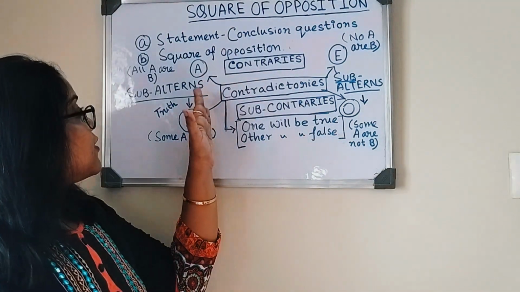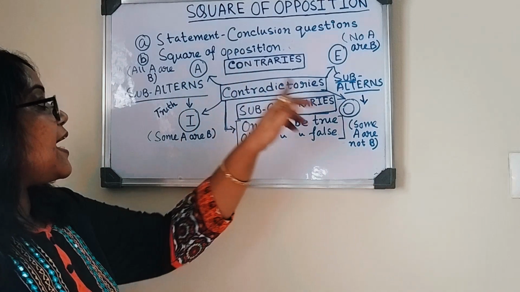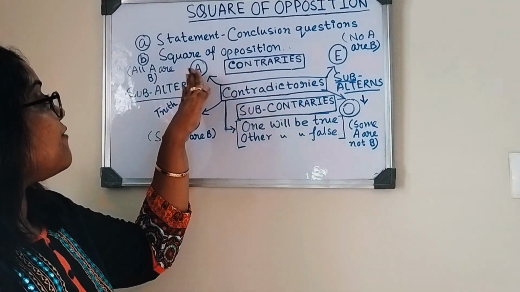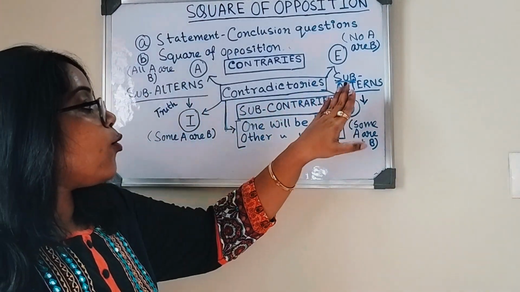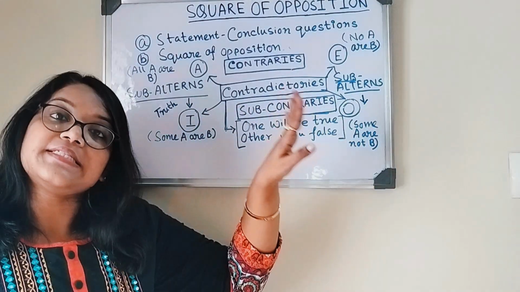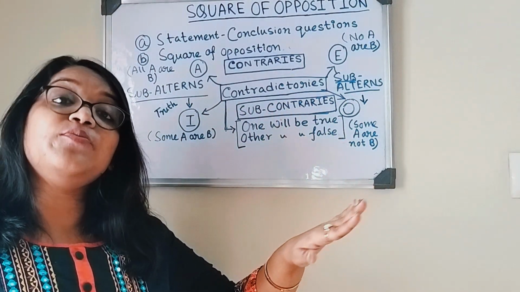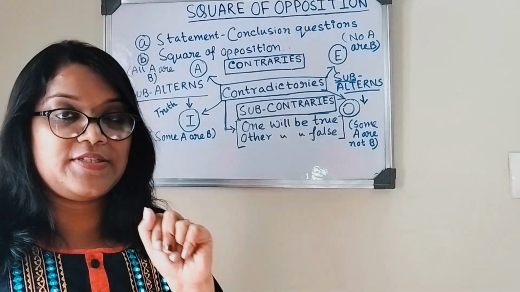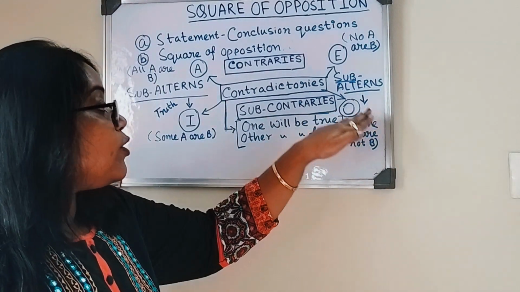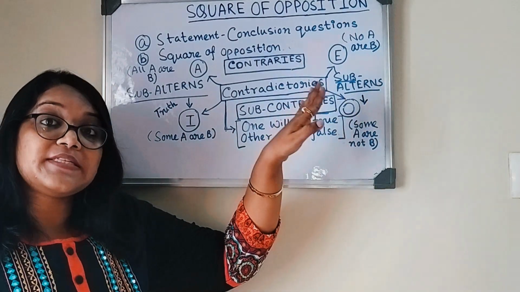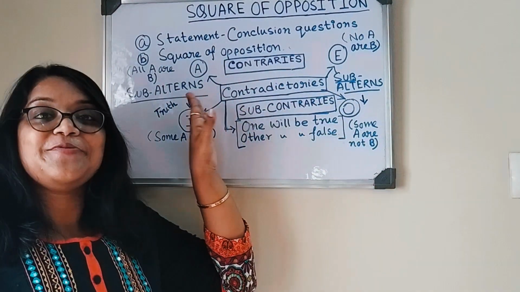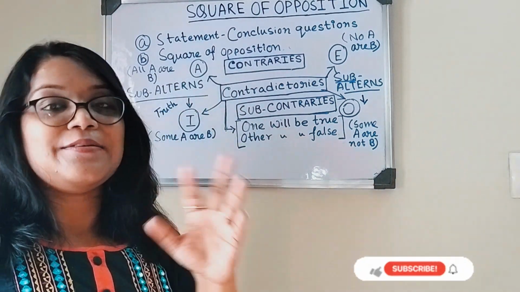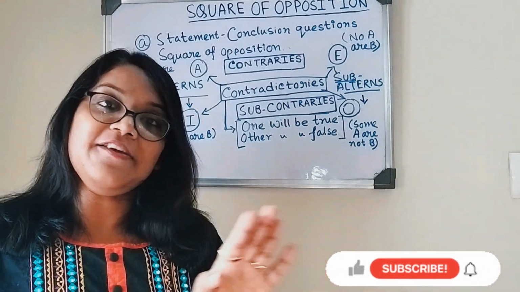So for the first pair, that is A and O, if A is true, the O type of statement with the same subject and predicate will obviously be false, and if the O type of statement is true, the A type of statement with the same subject and predicate will obviously be false.